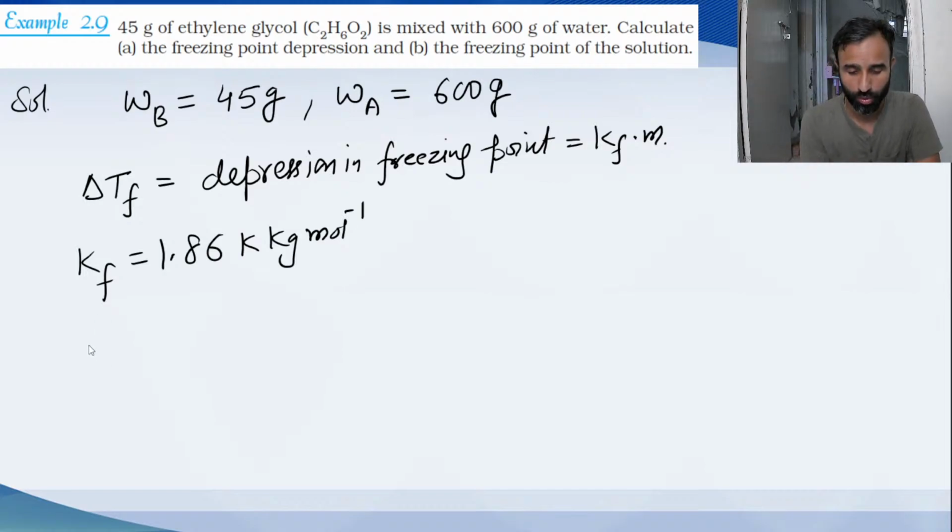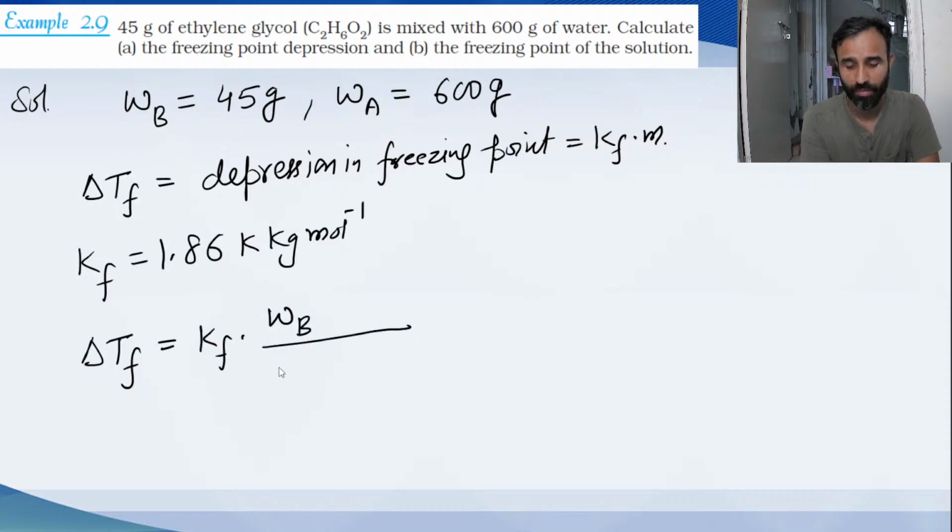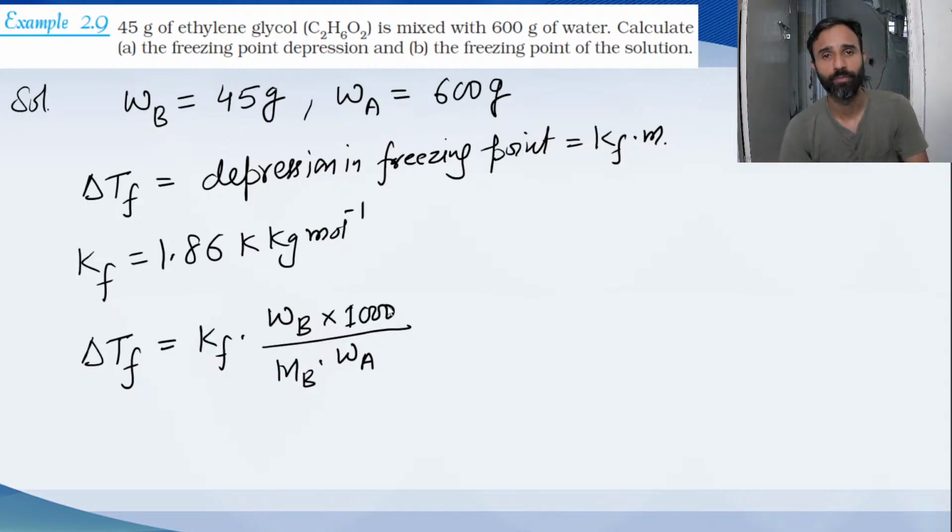So molality is not given, so we expand it, that is WB by MB into WA into 1000. Okay, so now delta TF we have to calculate, and just put the values.